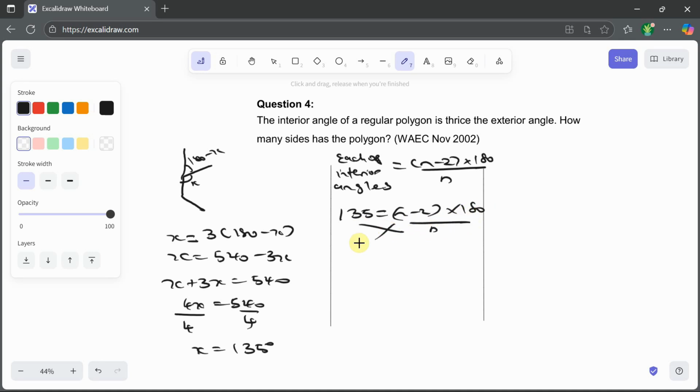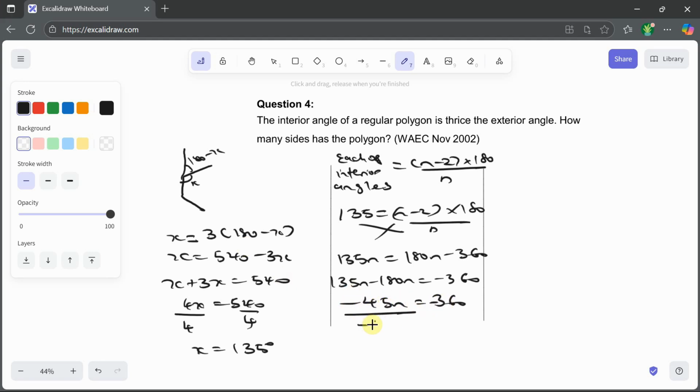If I cross multiply, that will give me 135n is equal to, if I open this bracket, 180n minus 360. So 135n minus 180n is equal to minus 360. 135 minus 180 will give me minus 45n is equal to minus 360. If I divide both sides by minus 45, my n is equal to 360 divided by 45, that will give me 8. So basically it has 8 sides.